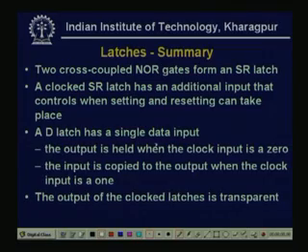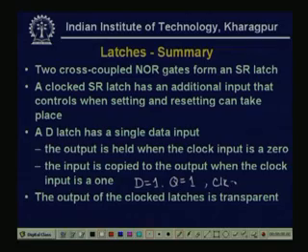A D latch has a single data input; the output is held when the clock input is a 0, and the input is copied to the output when the clock input is a 1, because we have seen that when clock is 1, if D equal to 1, then Q equal to 1, when the clock is high. Now, the output of the clocked latches is transparent.